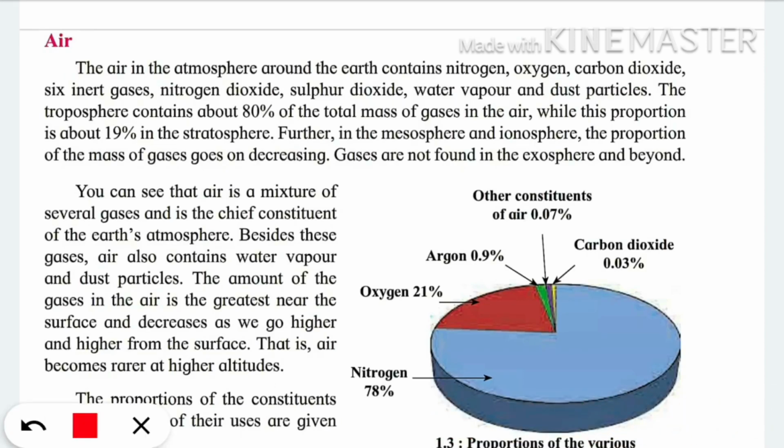The troposphere contains about 80% of the total mass of gas in the air, while this proportion is about 19% in the stratosphere. Further, in the mesosphere and ionosphere, the proportion of mass of gases goes on decreasing.